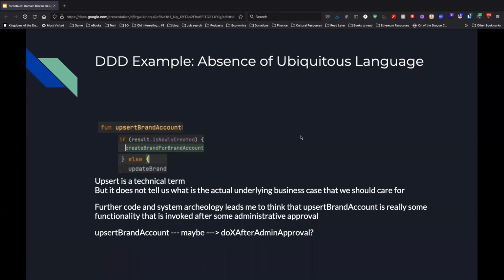So there is some admin approval phase that happens, and then this function is called. So ultimately, that's what it's all about. It's about doing something after some admin approval. It's not about upsert. That's not what the function is doing. Yes, maybe technically that is what the function is doing, but that's not what the function is trying to solve. Or at least I hope that's what the function is trying to solve for the business.